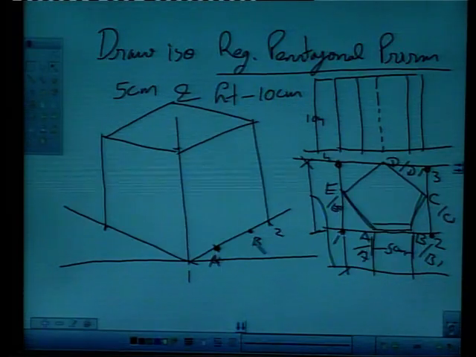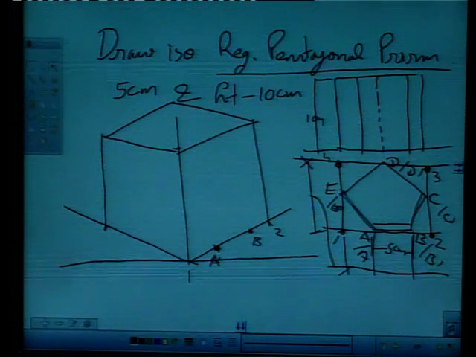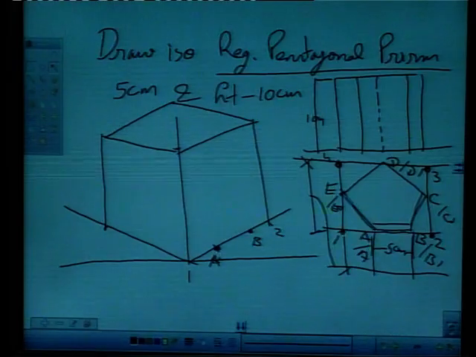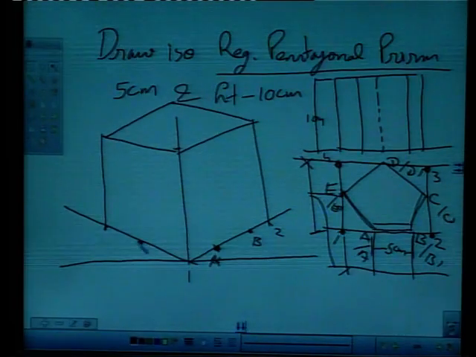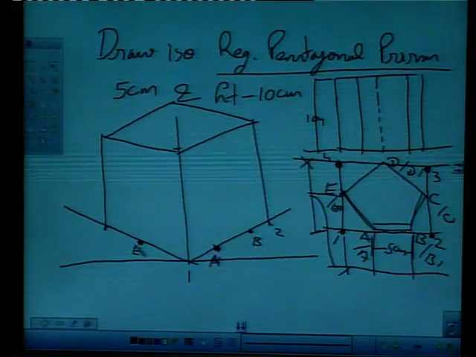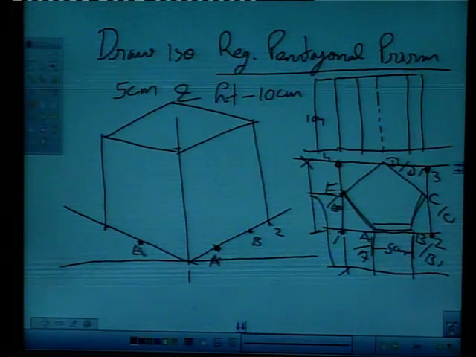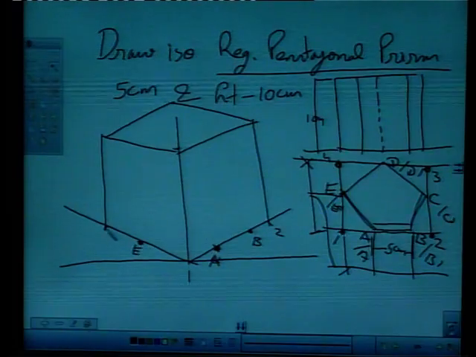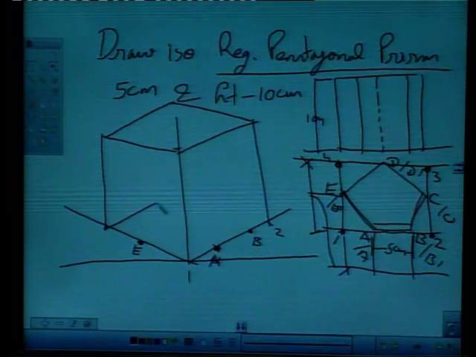right? On this edge E, measure this distance from point 1 and mark it here. This will give us point E. We have point A, we have point B, right? For marking point C and D, we will complete base in guidelines only.